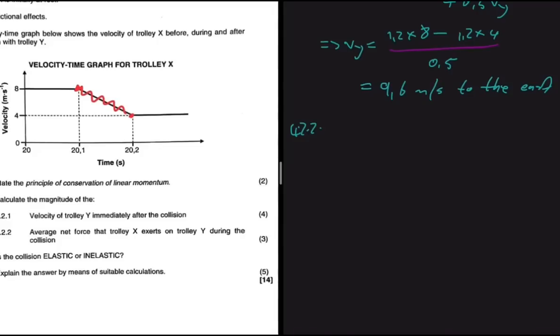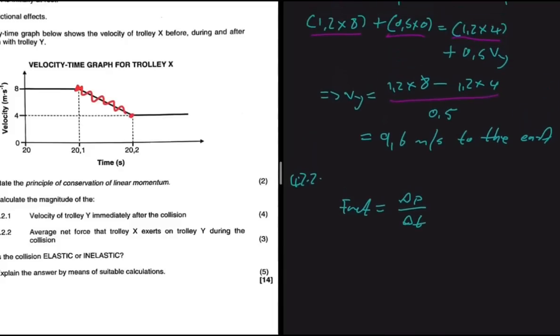So if we use trolley X, we're going to say F net is equal to delta p divided by delta t. Let me explain why I'm using trolley X instead of trolley Y. The velocity of trolley Y, we calculated it ourselves, right? So what if that velocity is wrong and then we use it again? There's a good chance that that answer will also be wrong, assuming there's no positive marking.